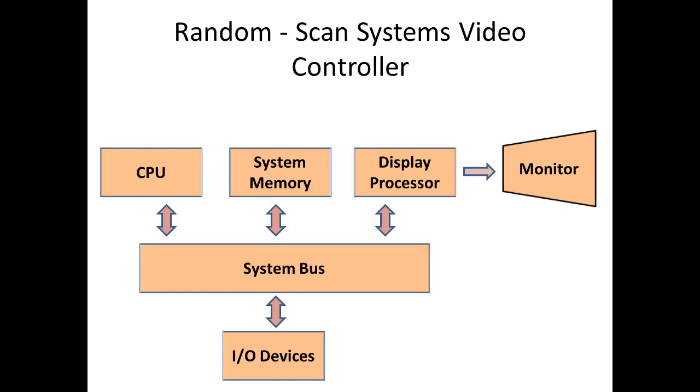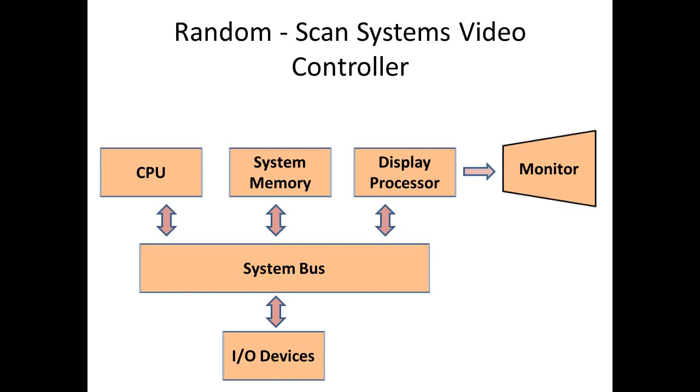This display file is then accessed by the display processor to refresh the screen. The display processor cycles through each command in the display file program once during every refresh cycle.